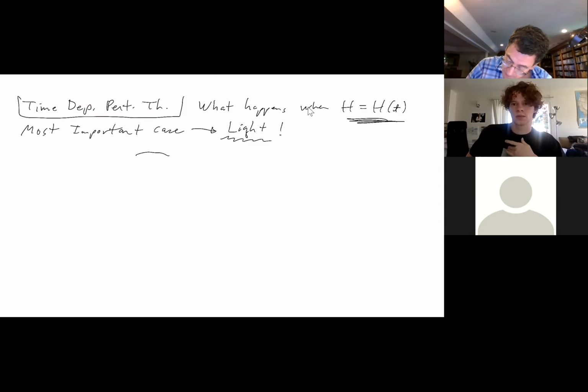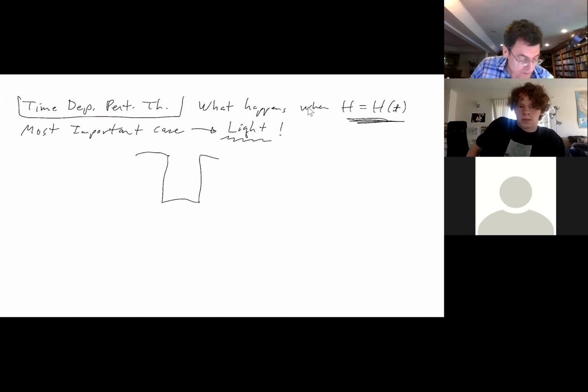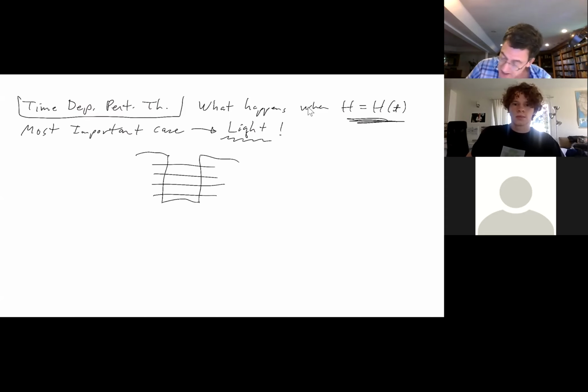I have an atom, which is a little box. It has its states. It's sitting there all happy without light. It has its eigenstates with their eigenenergies, just minding its own business.